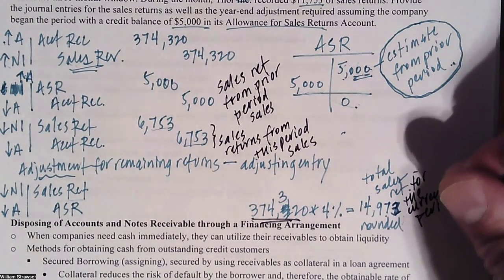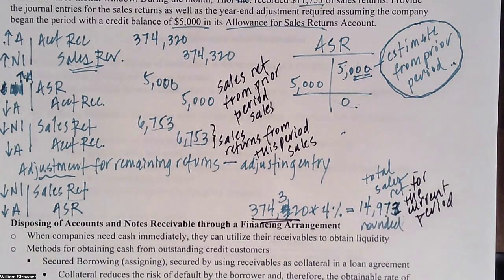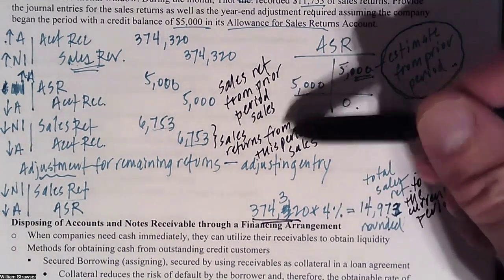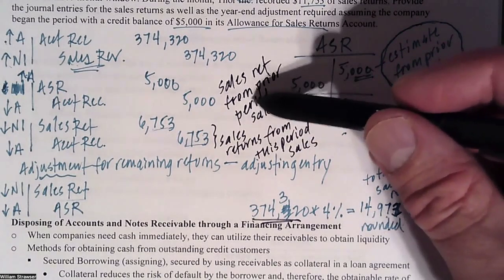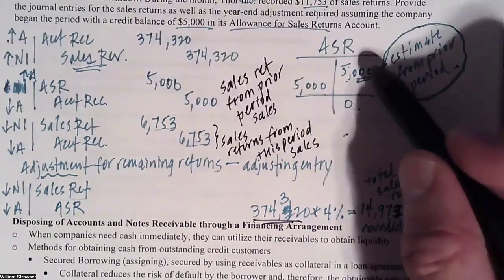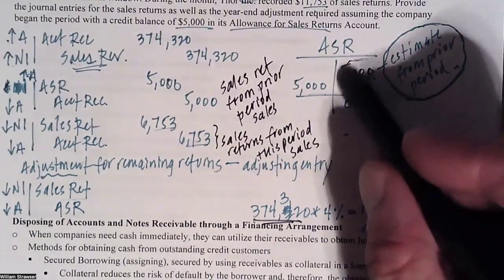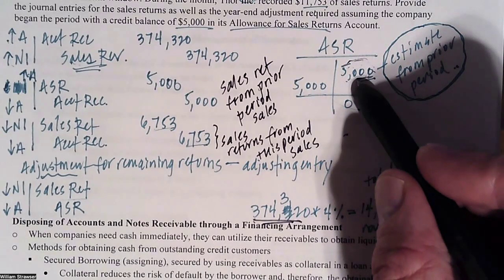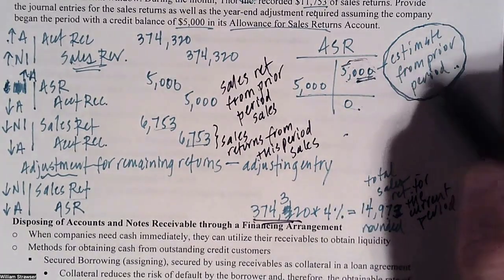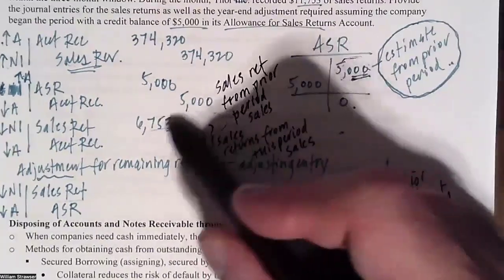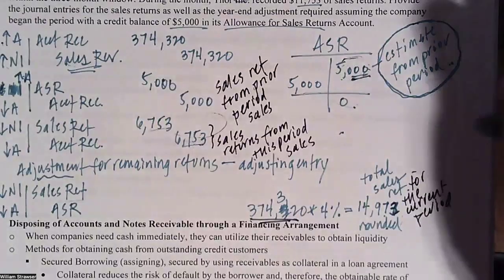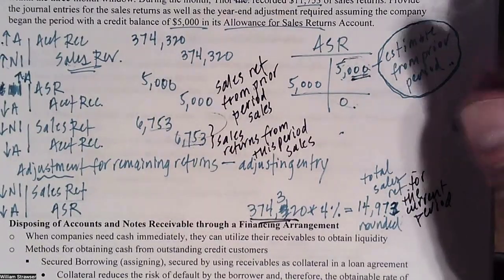So how many of this amount, 14,973, have we already recognized? Well, looking at these two choices, this is not from the current period. These were returns from the prior period. They were in the beginning of the period estimate of things that could still be returned from the prior period. So that's not applicable. The only sales returns we've actually had from this period are $6,753.